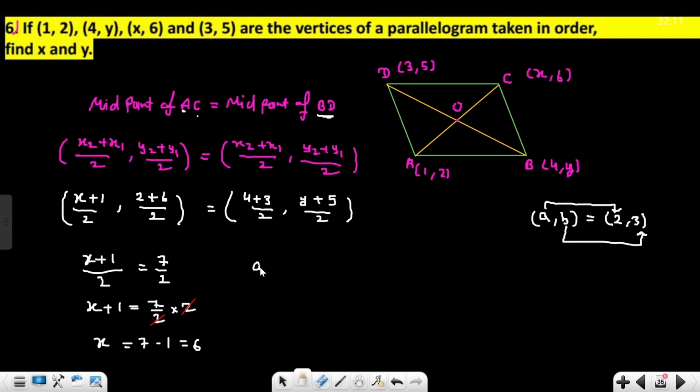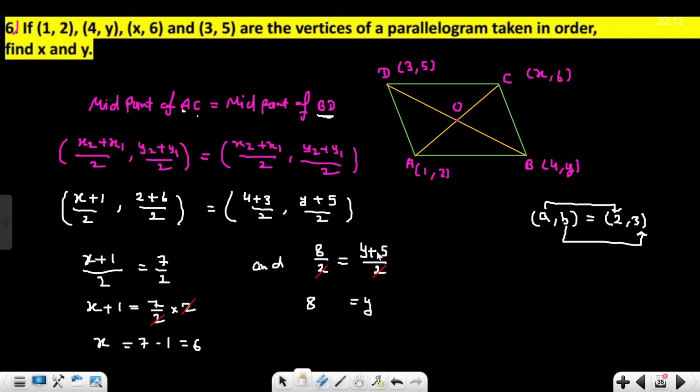Similarly, 2 plus 6 is 8, divided by 2, is equal to (y plus 5) divided by 2. Change the side and cancel out 2, so we can cancel here also. So the value is y plus 5 is equal to 8.